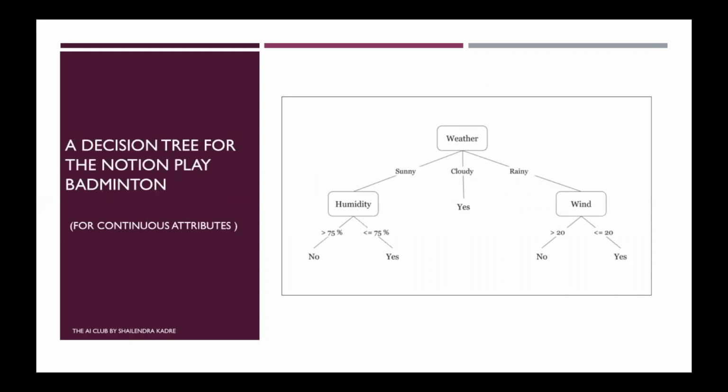So weather is kept as sunny, cloudy, rainy, and for humidity we can see numeric values such as greater than 75%, less than 75%, and similarly for wind also. It is just a small variation of the decision tree, where the features have both categorical as well as numeric or continuous attributes.